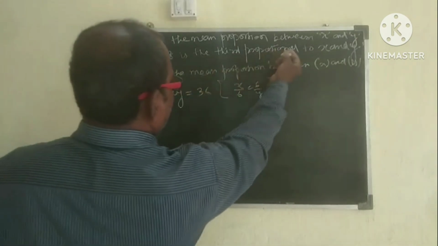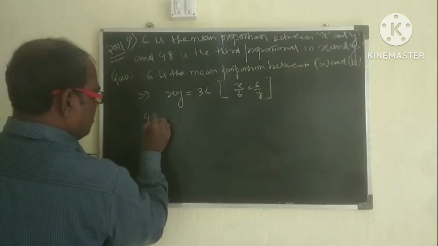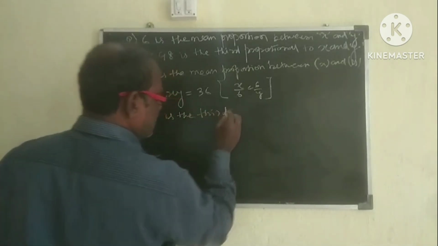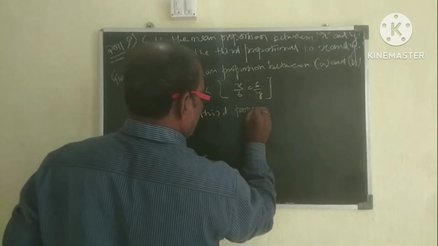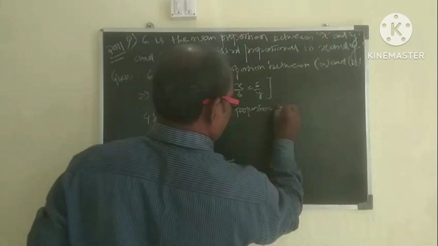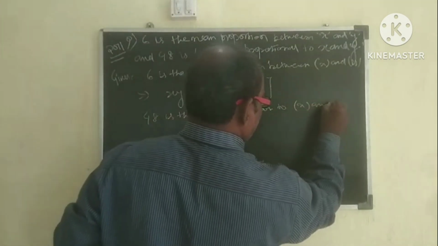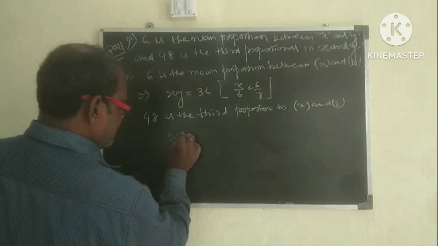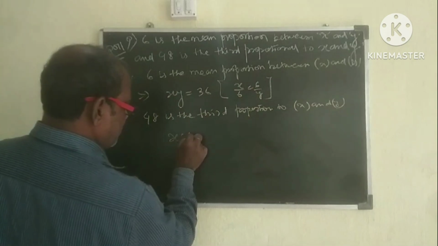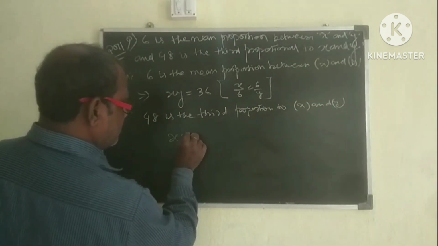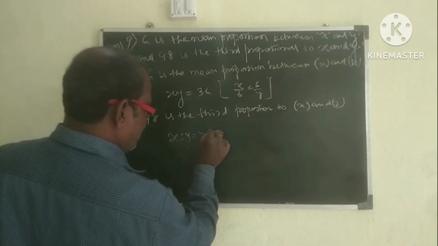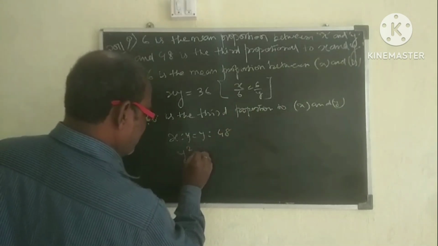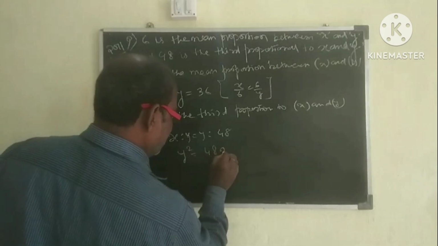Again, 48 is the third proportion. You can write here 48 is the third proportion to x and y. This implies x is to y equals y is to 48, that is y square is equal to 48x.